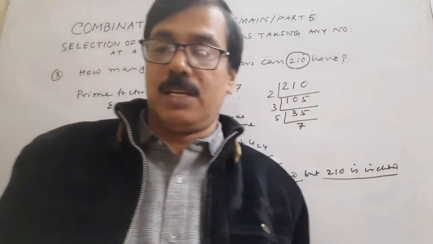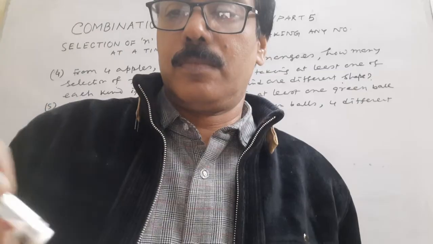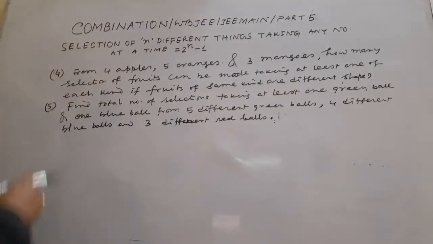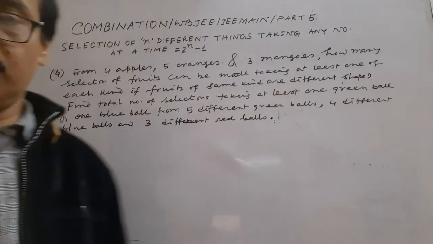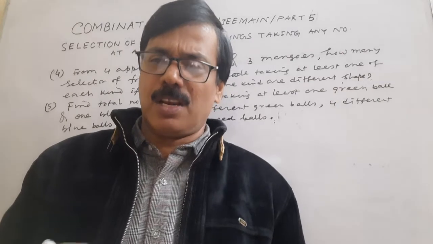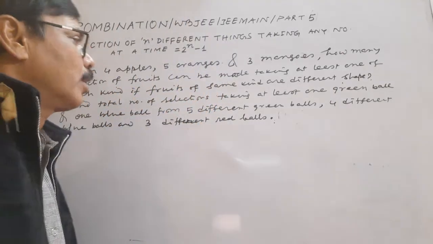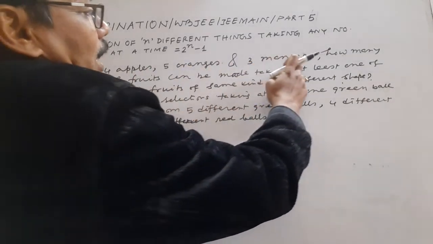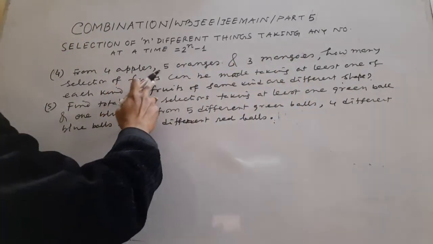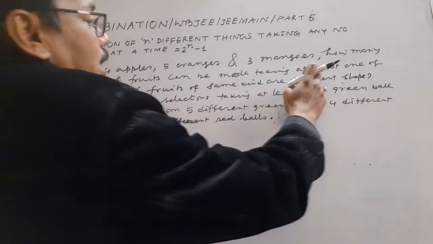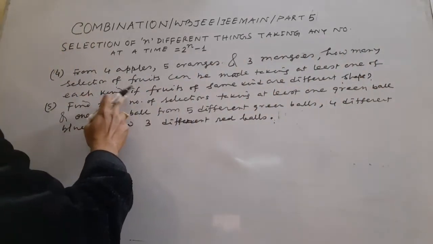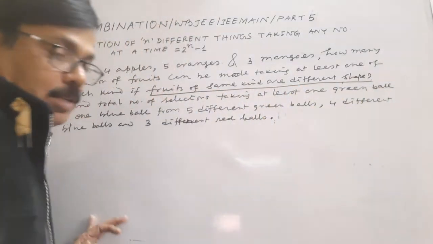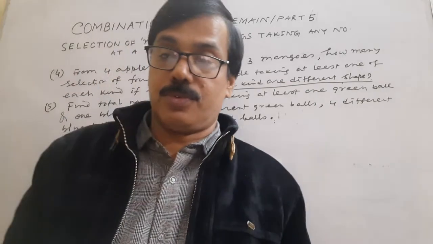Now we consider one more problem. Now consider problems number 4 and 5. They are the same type but slightly different. From 4 apples, 5 oranges and 3 mangoes, how many selections of fruits can be made, taking at least one of each kind, if fruits of the same kind are of different shapes?